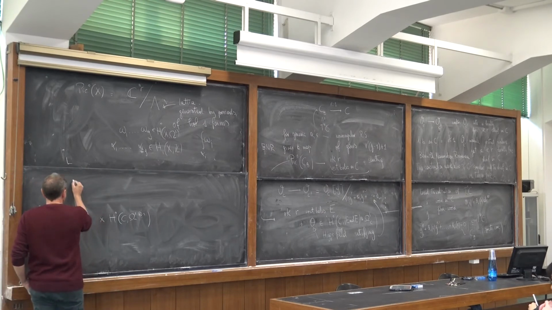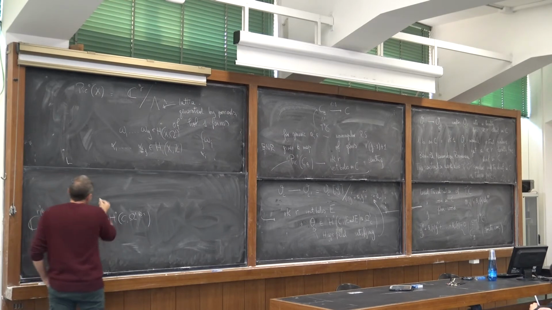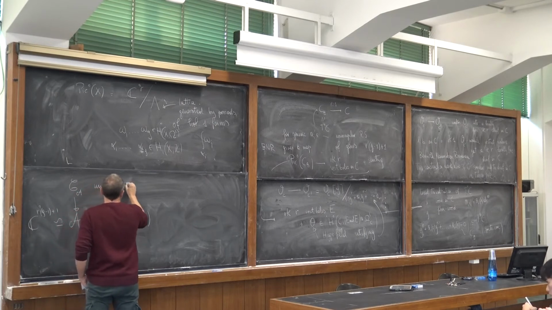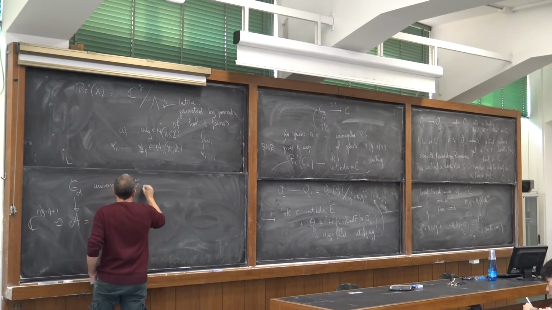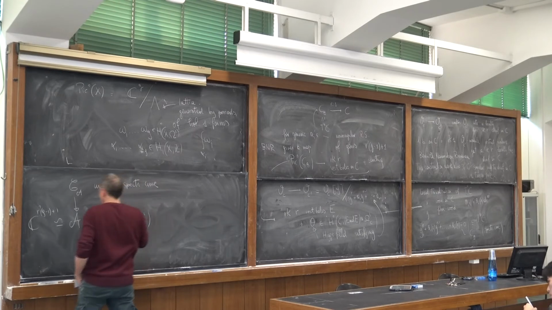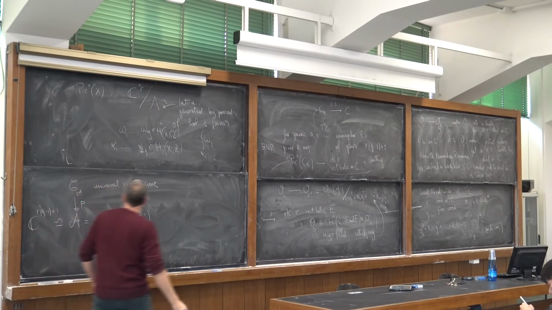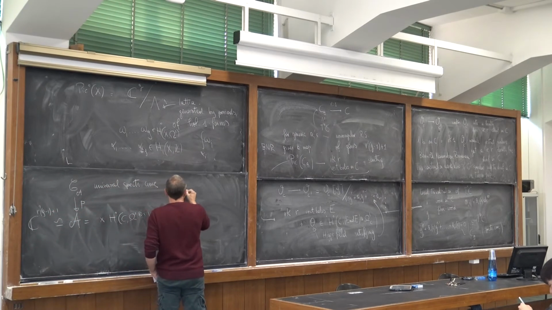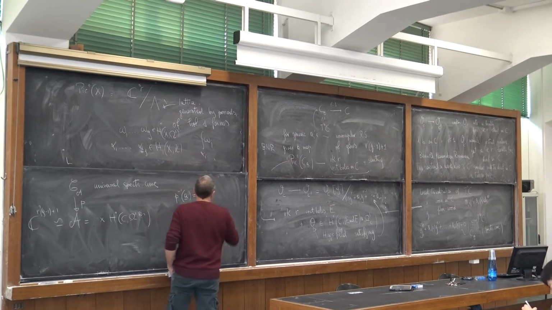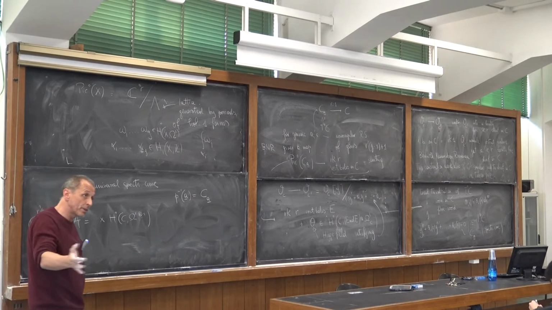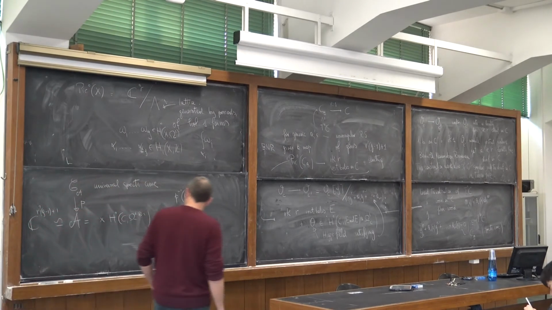So over A, you consider sort of the universal spectral curve. Let's call it P. So by this I mean that P^{-1} of a point a is precisely the spectral curve C_a. Okay, you consider all possible spectral curves.